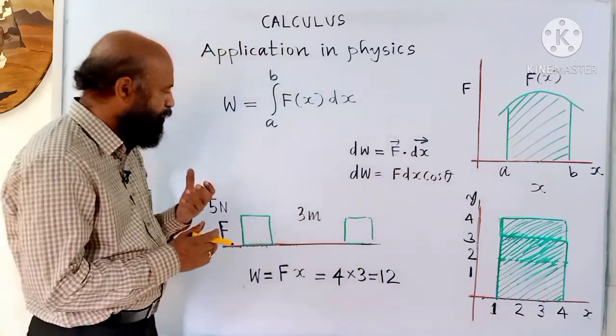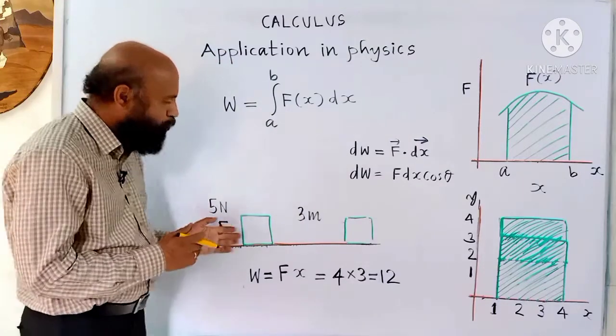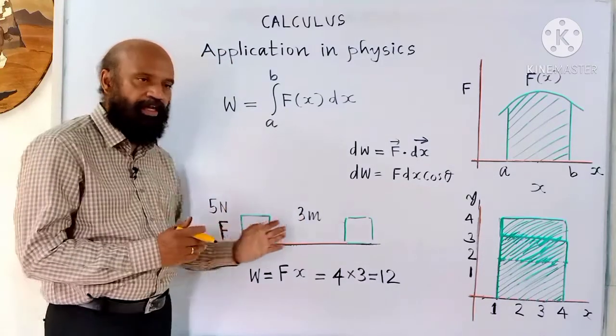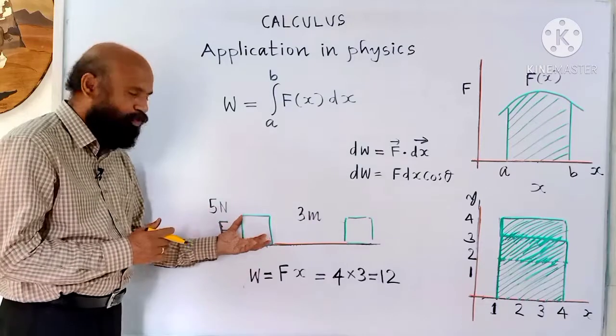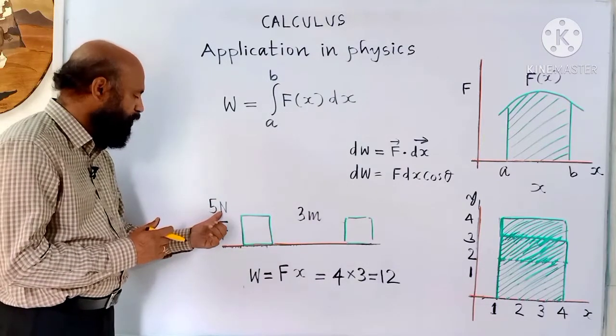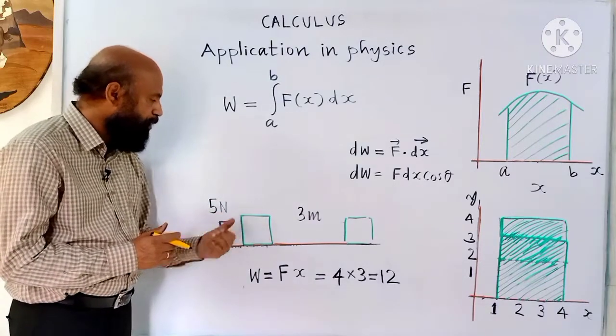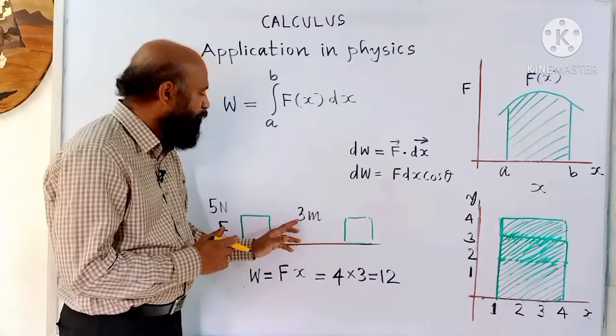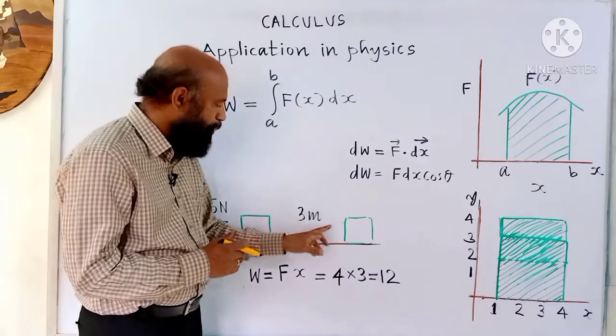Now let us consider a special case where force and displacement are both in the same direction. Suppose a force of 5 Newton is acting on a body and the body is moving a distance of 3 meter.